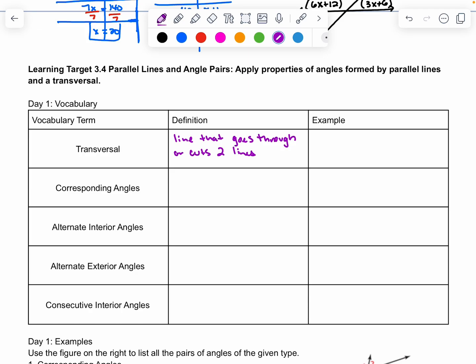I know when you're looking at the target, it says parallel lines. For transversal, just in general, you don't have to have 2 lines that are parallel. So your example is, this is line 1, line 2. Notice my lines are not parallel, and that's okay. This here would be my transversal.